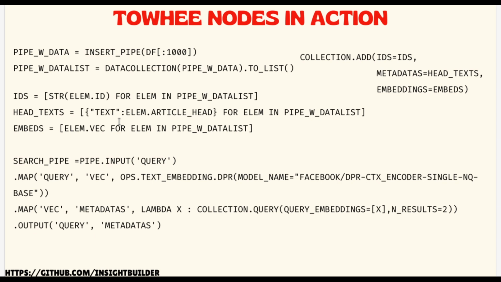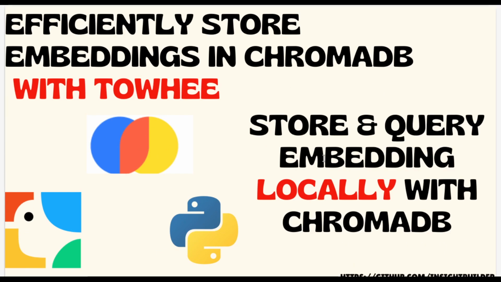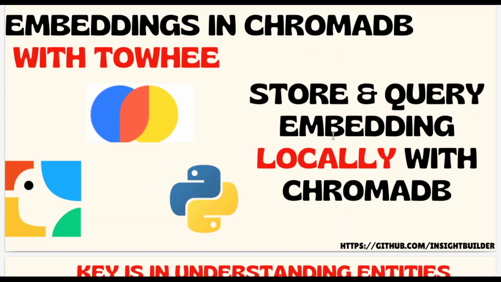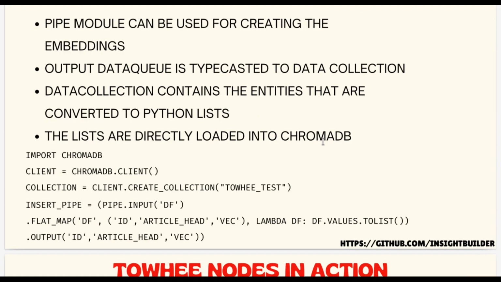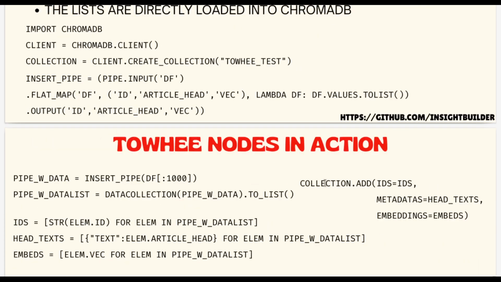I will face an error, try to understand the error, and then try to recover from it. At the end of the day, the objective of this entire presentation or notebook is to store and query the embedding. Once that is clear, each and every step also becomes clear. So I first need to find a way to add the embedding into ChromaDB.